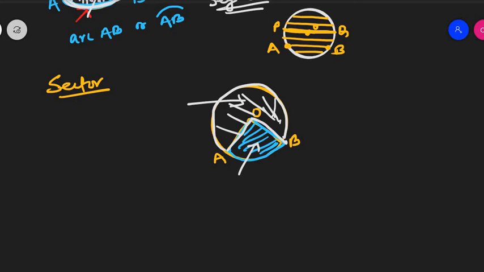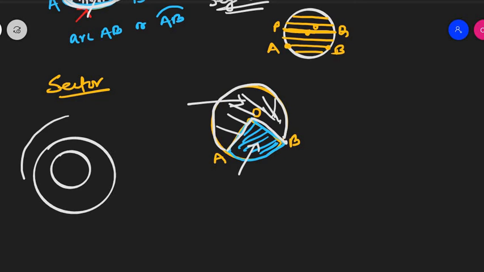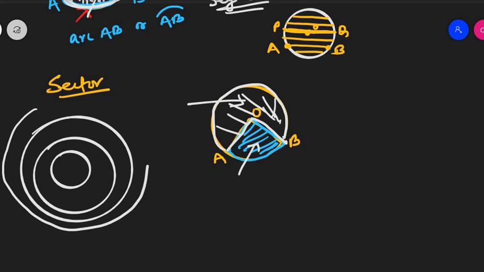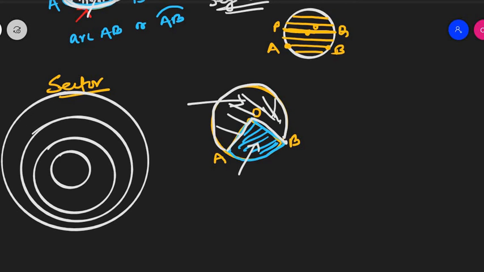Okay, now let's understand concentric circles. What are concentric circles? Tell me, can you get many circles having the same center? Yes, we can. If we want the same center for all these circles, then we need to take their radii different.